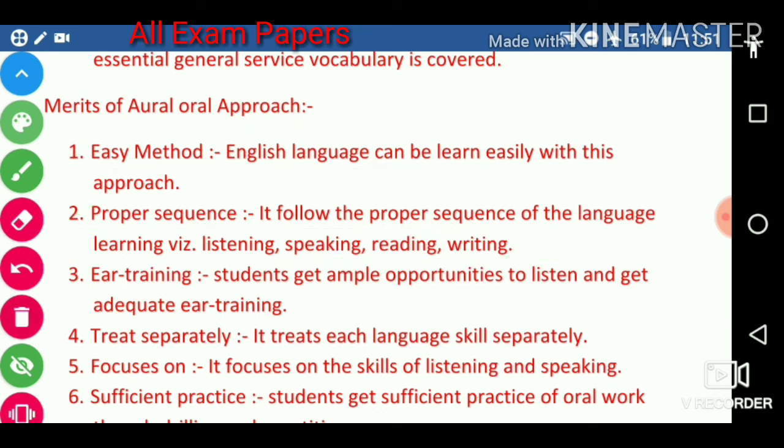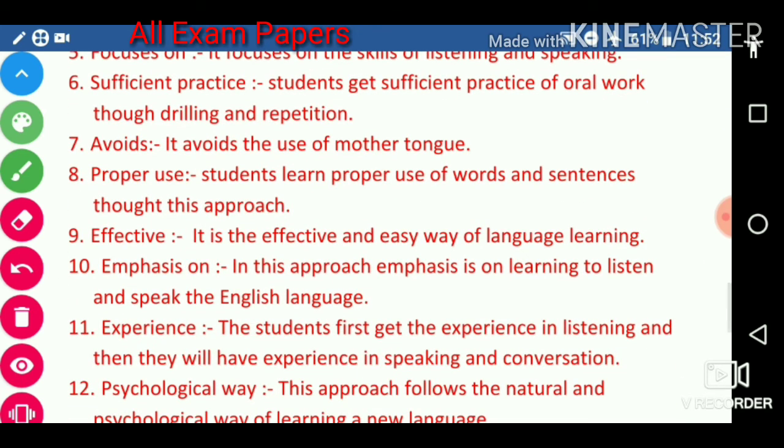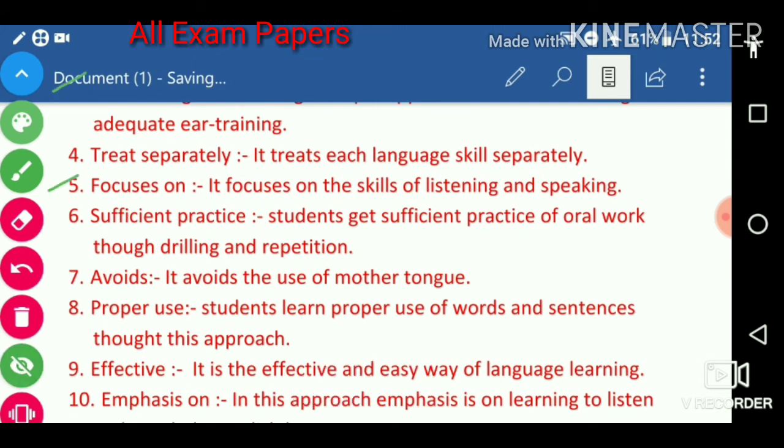Next is ear training. Students get simple opportunities to listen and get adequate ear training. Next, treat separately. It treats each language skill separately. Next, focus on.